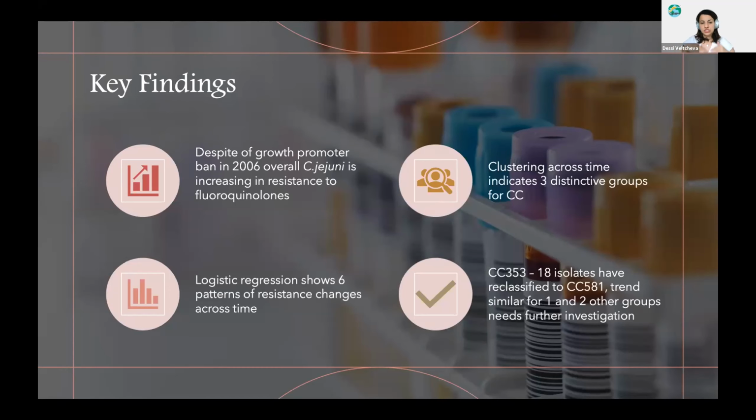Then we looked into logistic regression to see the trend across time, and that shows there are 6 different patterns. To finish off, for clonal complex 353, it's not many isolates, but 18 isolates have been reclassified to clonal complex 581. The trend is similar between groups 1 and 2, but we need to further investigate why they're in different places.